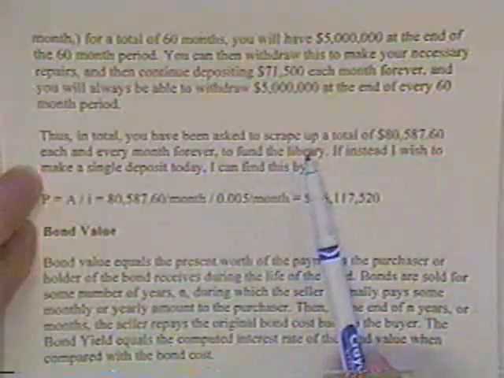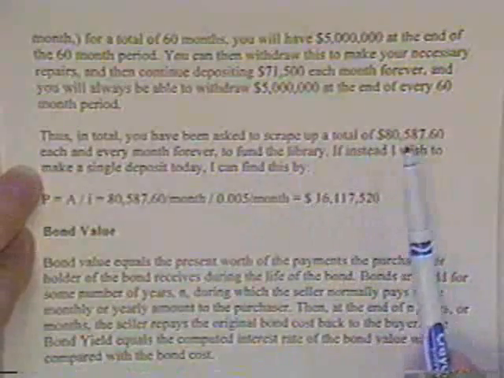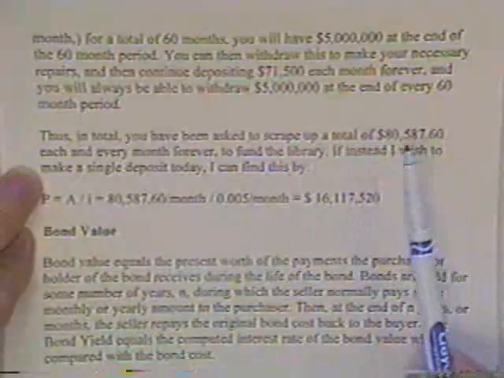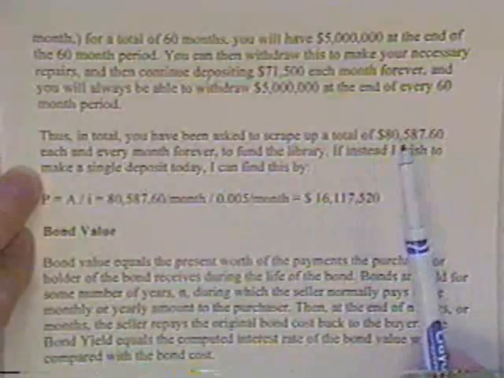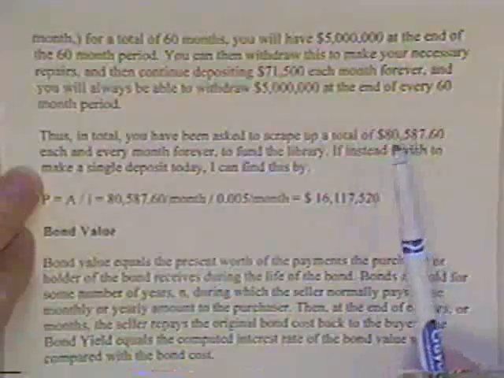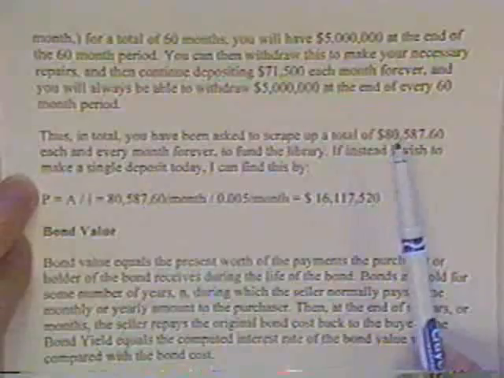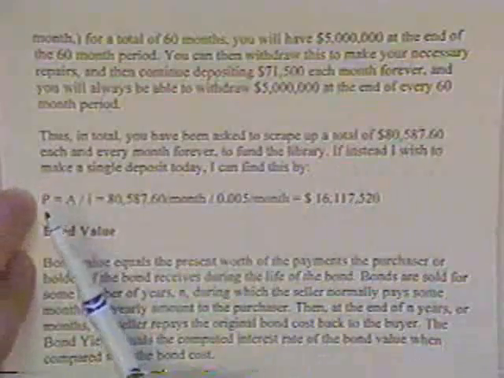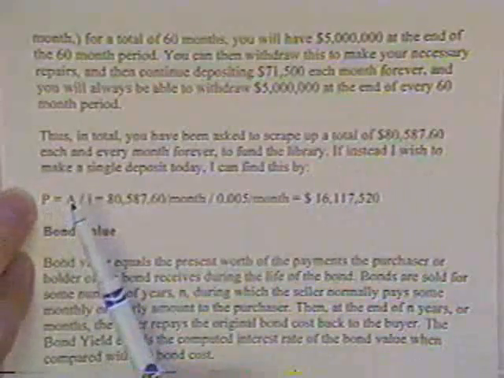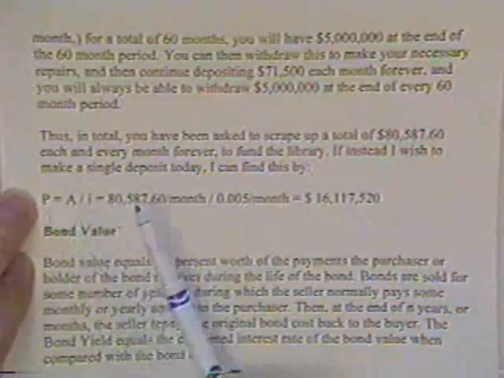Now, you say, the government says I can't go to the taxpayers and just get $80,000 each month from them, because that's not guaranteeing me that they'll always want to fund that building. So you're going to have to go get the money today, very easily. All I've got to do is change my monthly annuity into a present value.